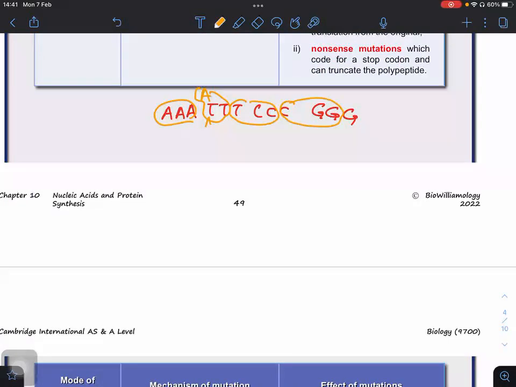So the entire reading frame changes. Can you see that? Are you clear? So most likely, after the mutation point, all the amino acids might be wrong. So this kind of mutation is called a frame shift mutation.